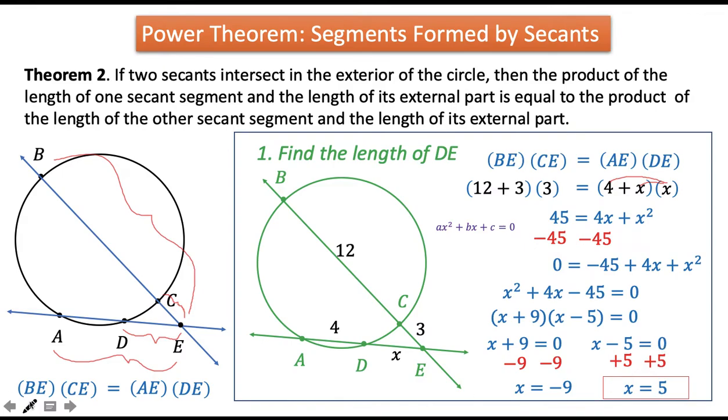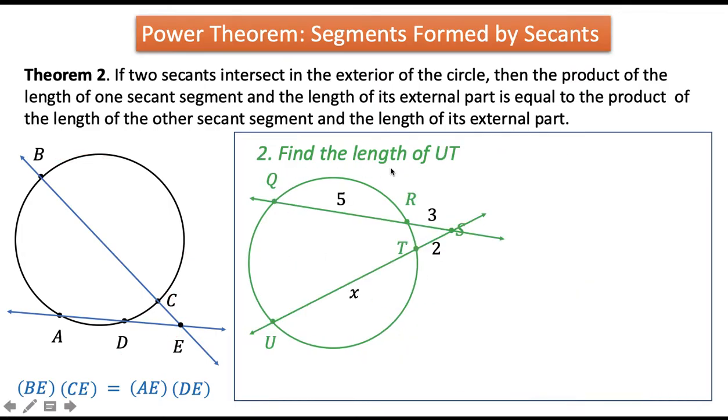We are going to reject negative 9 because although it is one of the values of x, we are looking for a length, which cannot be negative. Therefore, negative 9 is rejected, and only the positive value of x will be accepted. This will be our answer, the value of segment DE.